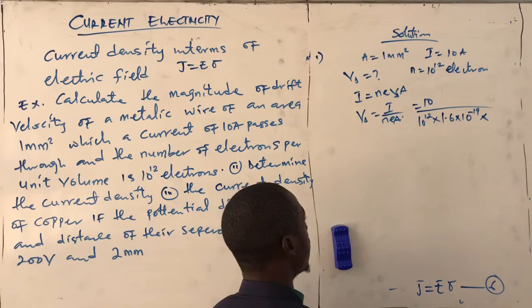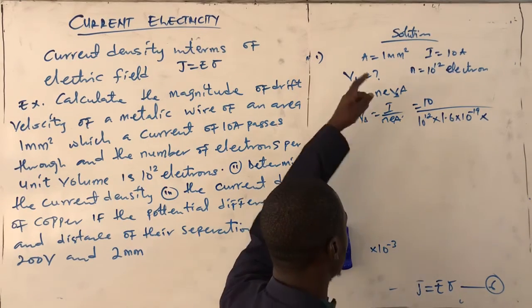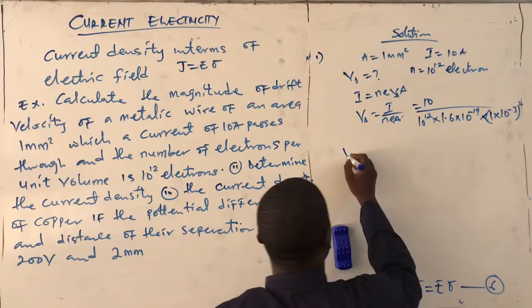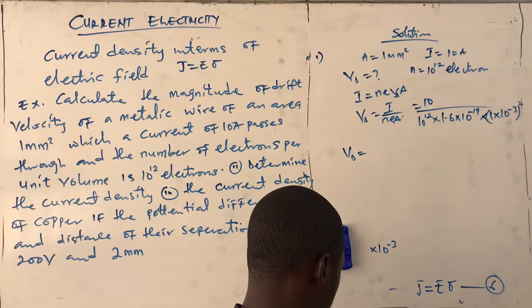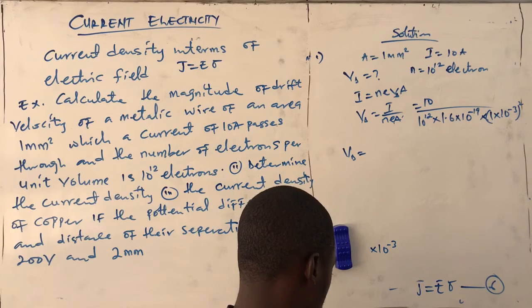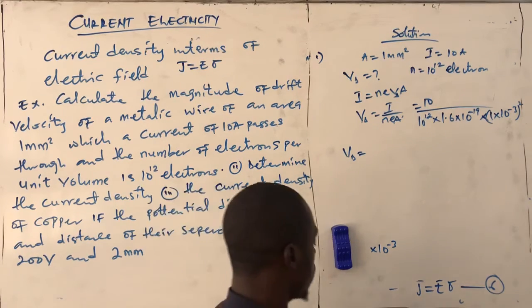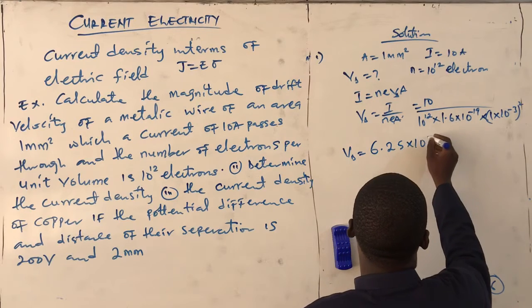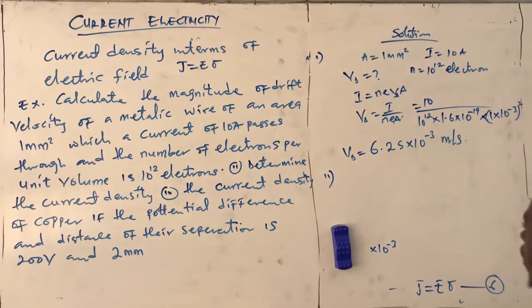To convert millimeter to meter, we multiply by 10 raised to power minus 3, and for meter square it will be 1 times 10 raised to power minus 3, squared. So our drift velocity will be, if we press this correctly, 6.25 times 10 raised to power minus 3 meter per second. So this is just the drift velocity.